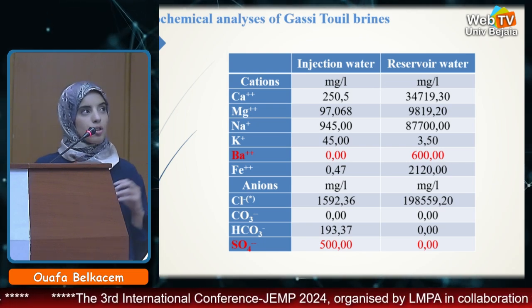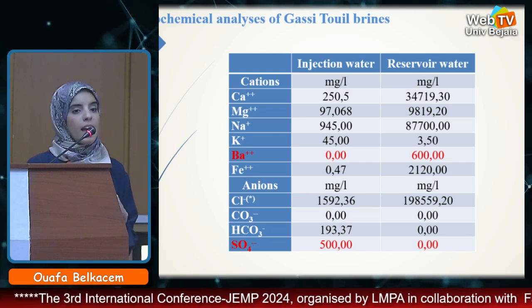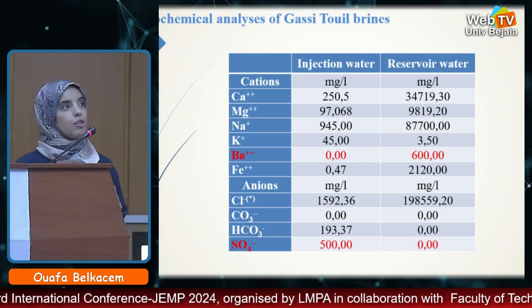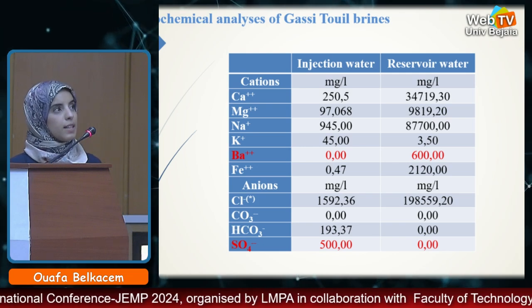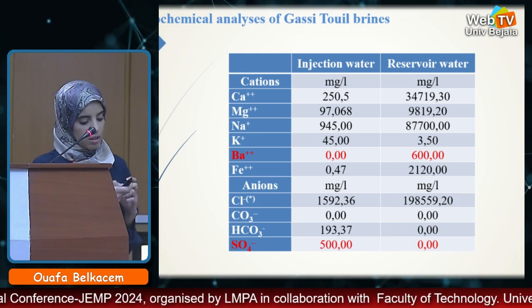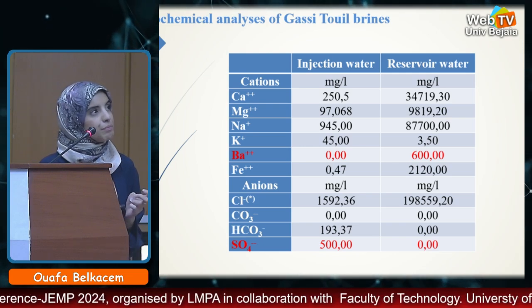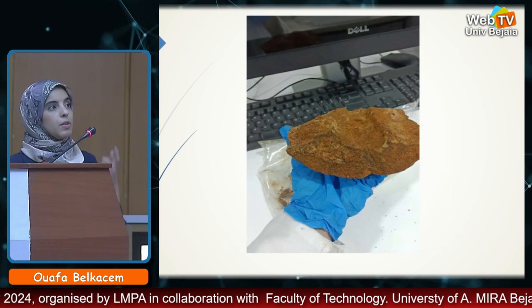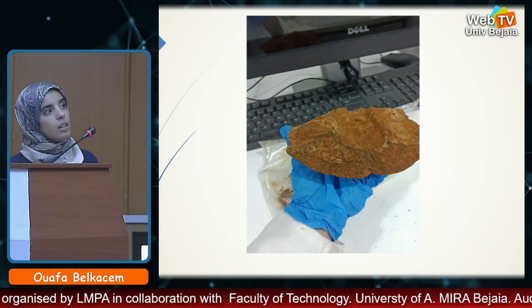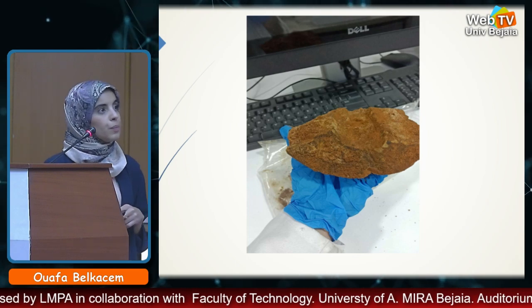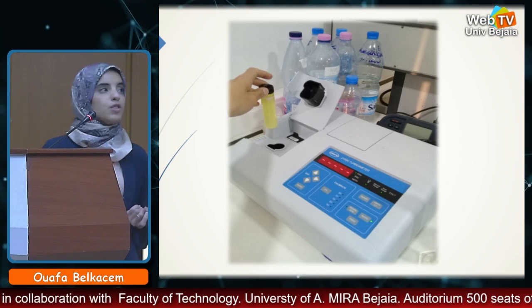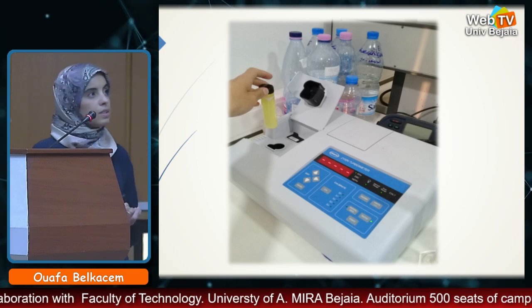When we mix the injection water and the reservoir water, we have the formation of scale deposit in the reservoir and on the surface of the equipment. This is a picture of a deposit in an Algerian region. We have the picture of the turbidity measurement.